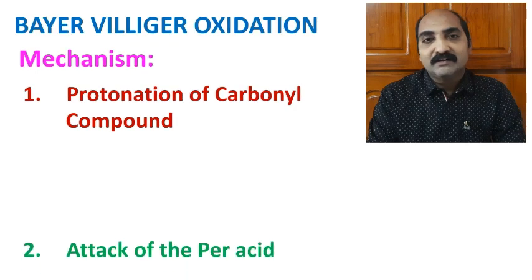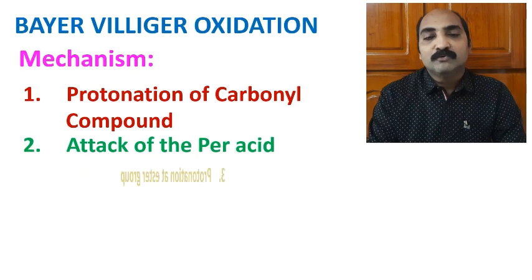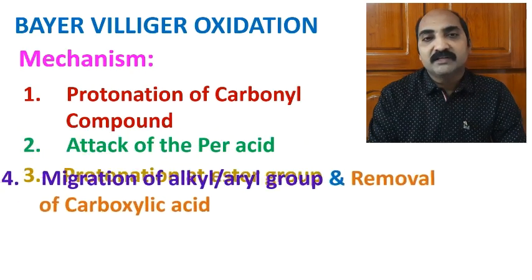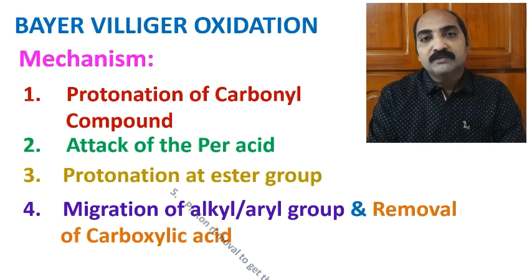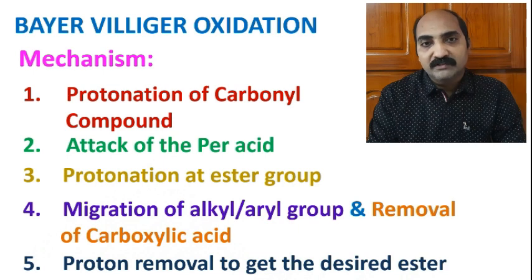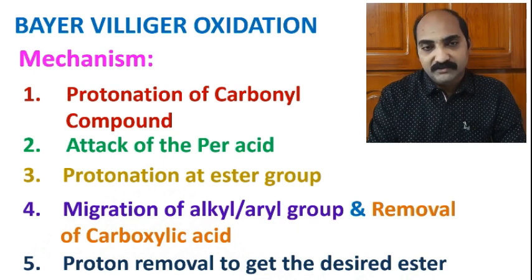Next, the attack of the peracid on the protonated carbonyl compound occurs. Then deprotonation takes place. The most crucial step in this Baeyer-Villiger oxidation is the migration of an alkyl or aryl group depending upon the priority. Towards the end, removal of carboxylic acid gives the end product, namely the ester.